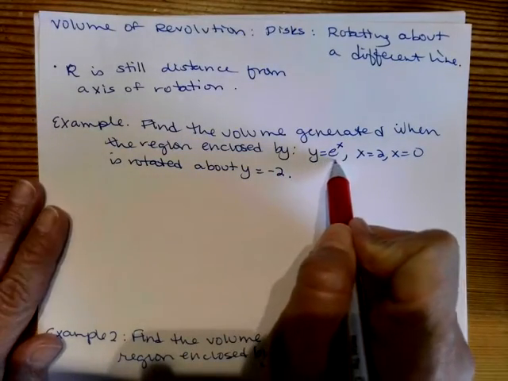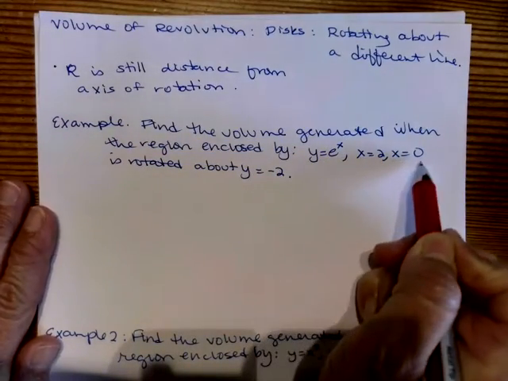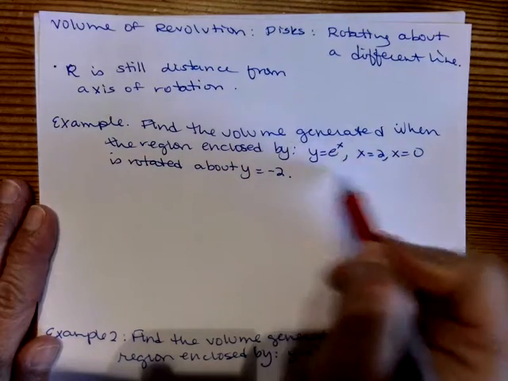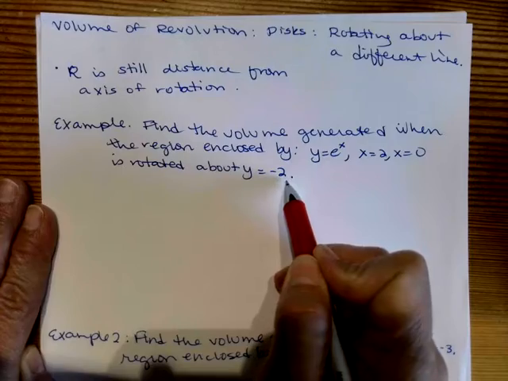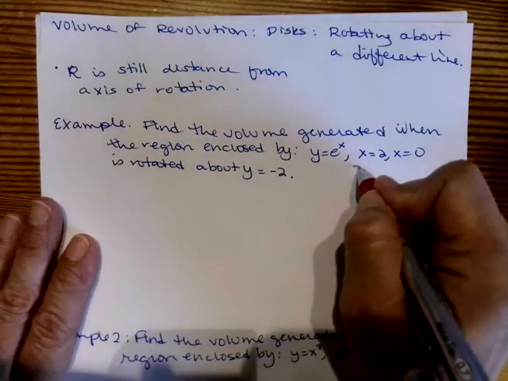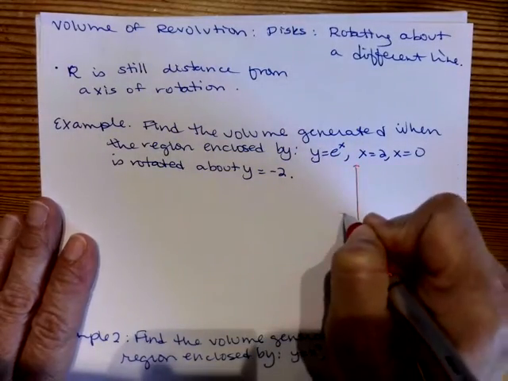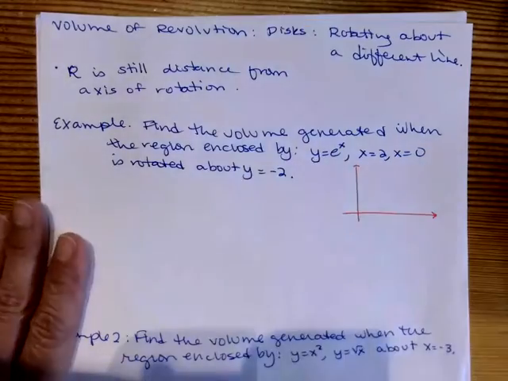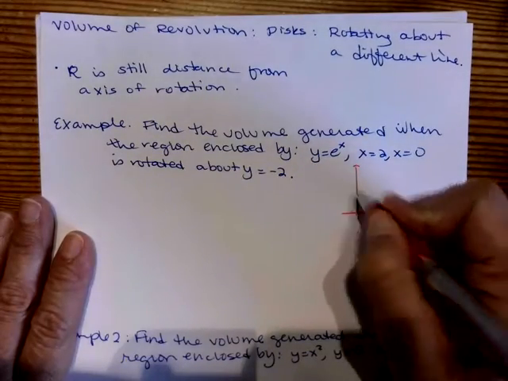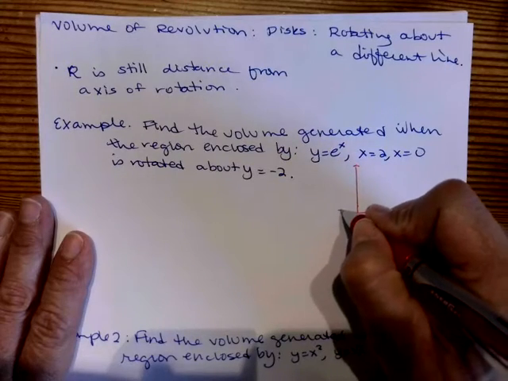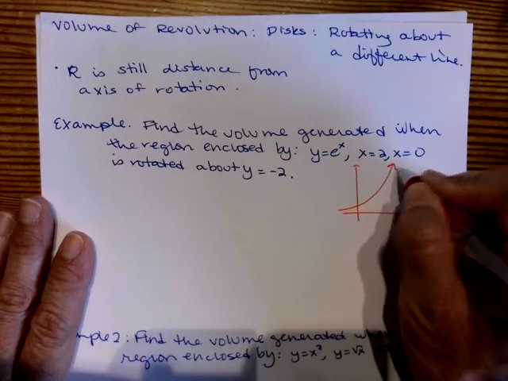Okay, so the first example: we're going to find the volume generated when the region enclosed by y equals e to the x, x equals 2, and x equals 0 is rotated about the line y equals -2. The first thing we want, of course, is a graph so that we have an idea of where we are. So y equals e to the x looks like this.